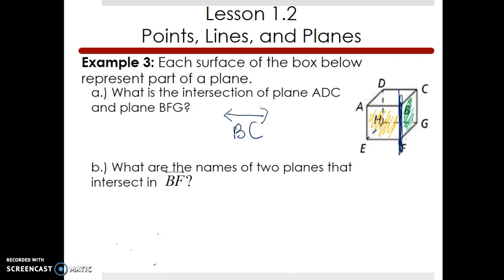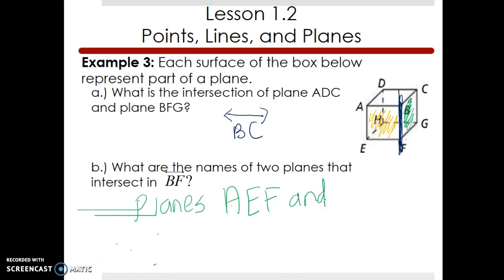We can pick any points over here, right? So let's say planes AEF and BFG. Remember, you can pick any 3 points. You don't have to mention all 4. It's only 3 points from that plane to label a plane.